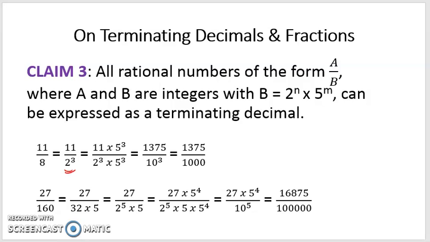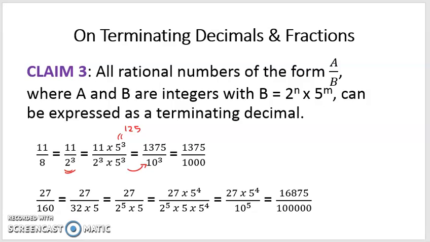Now I'm going to use the fact that I want to convert 2 cubed into a power of 10. What if I multiply the top and the bottom by 5 cubed? So the top becomes 11 times 5 cubed, and 5 cubed is 125. That becomes 1375. 2 cubed times 5 cubed is actually 10 cubed, but 10 cubed is 1,000.